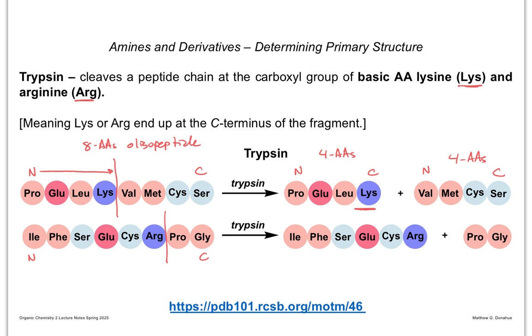We end up with these 2 fragments now from N to C. One of them has 6 amino acids. The other one has 2 amino acids. And the arginine ends up at the C terminal of that longer chain. So really this is taking something very long and chopping it into these defined fragments based on the action of the endopeptidase.